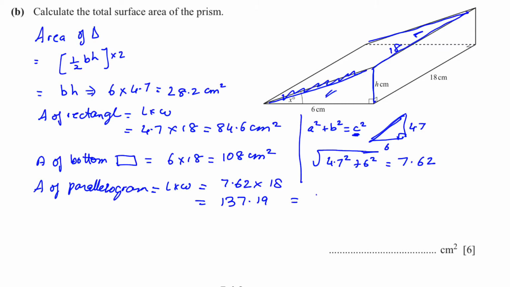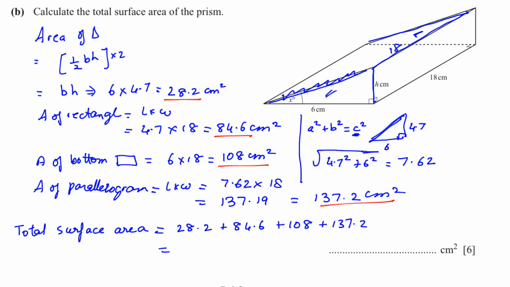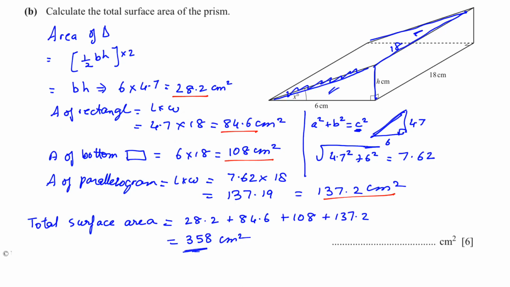If we round it to 1 decimal, 137.2 square centimeters. For the total area, we have to add all the values that we have got till now. So we add everything and we get 358 square centimeter. That's your total surface area.